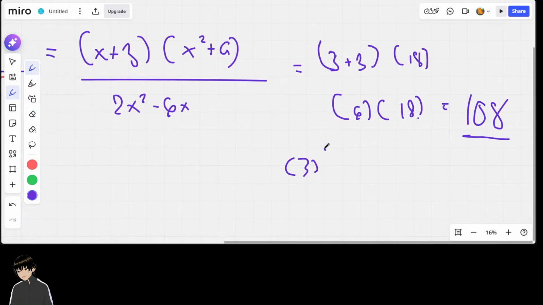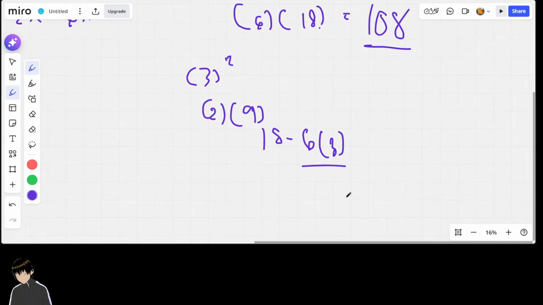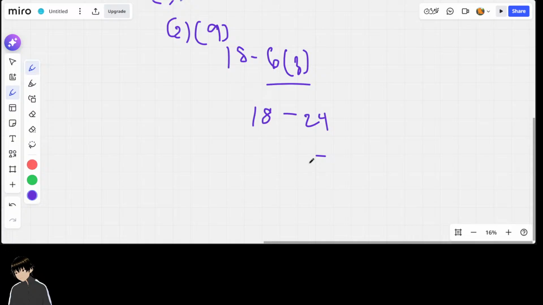3 squared is 9 times 2, it's going to be 18 minus 6 times 3. 6 times 3 is 18, so minus 18 is going to be 0.